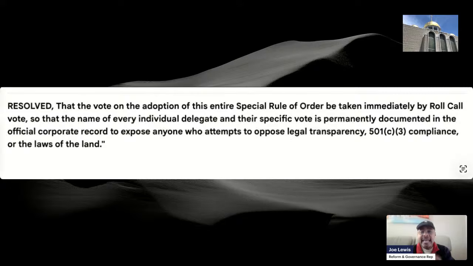Roll call vote, so that the name of every individual delegate and their specific vote is permanently documented in the official corporate record to expose anyone who attempts to oppose legal transparency, 501c3 compliance, or the laws of the land. So what this clause does, it binds everyone in the General Assembly, everybody coming and everybody going.